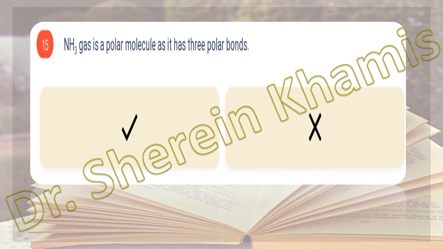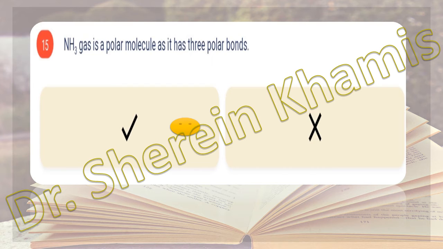So we have 3 polar bonds inside the polar molecule of ammonia NH3. But it is less than water in electronegativity, and less than water in polarity.